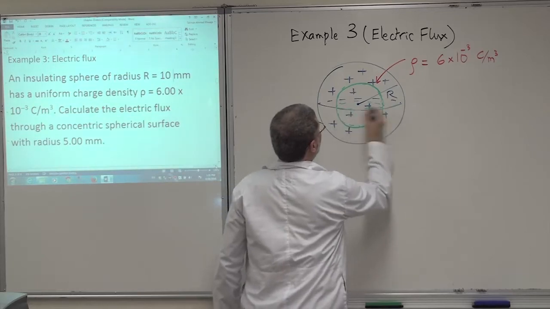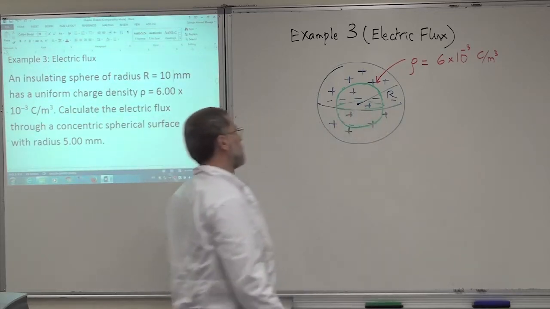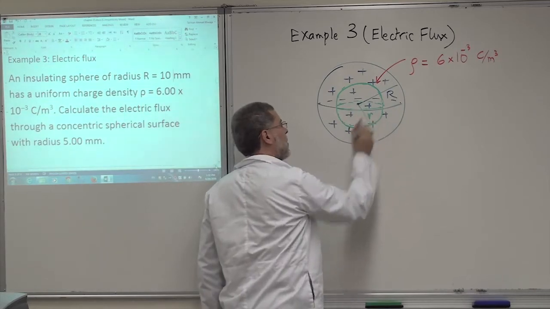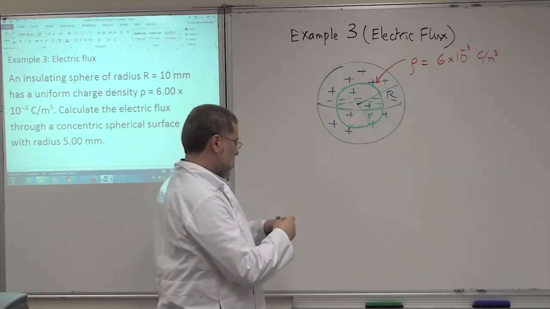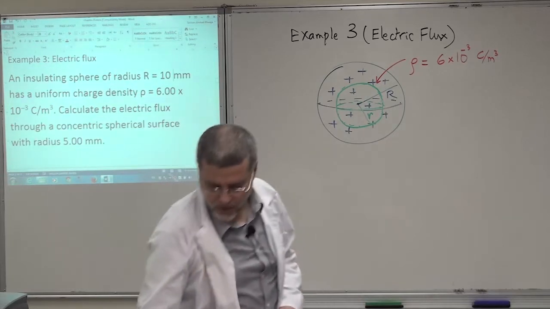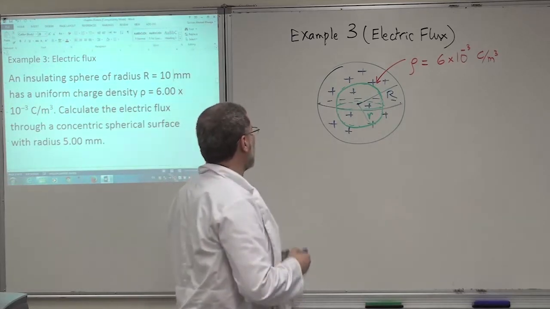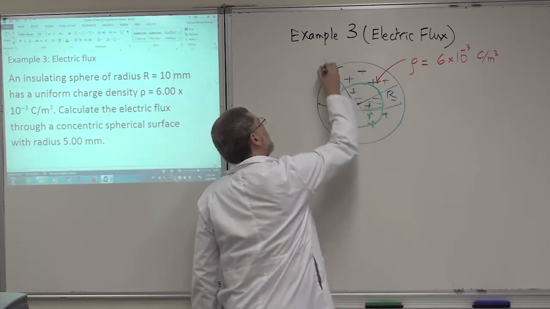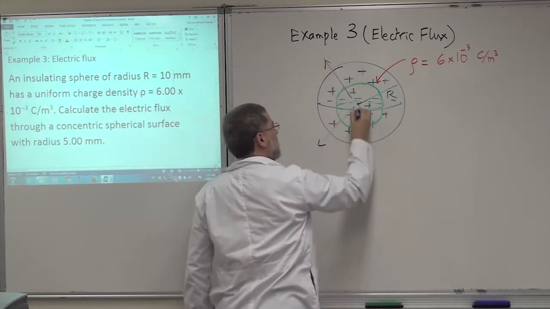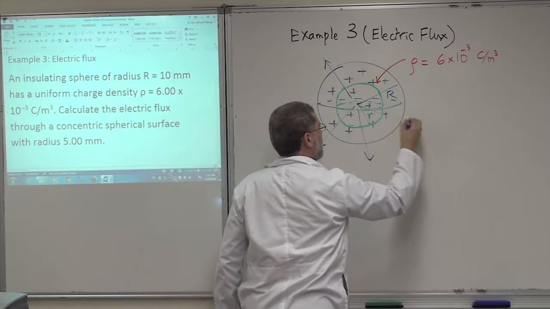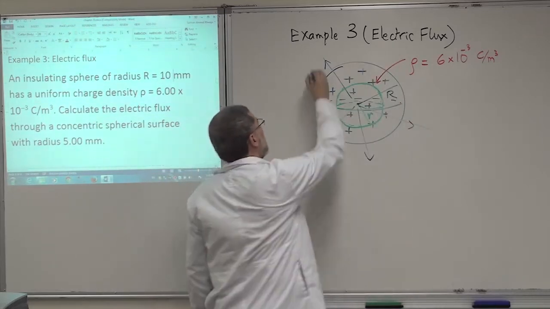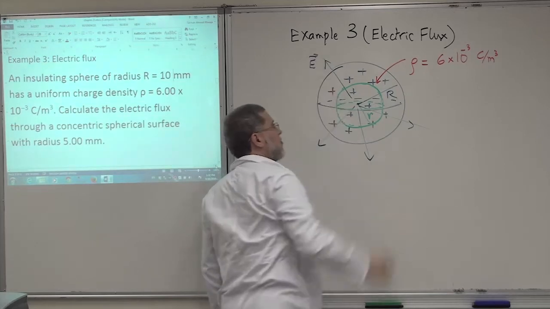It is a spherical surface of radius r. I'm going to put a small r here, okay? Of course, there are electric field lines crossing that surface, due to the charge which is inside here. The electric field lines are crossing, and they are outward, so I expect they are leaving the surface. This is E, okay? I expect my flux to be positive.